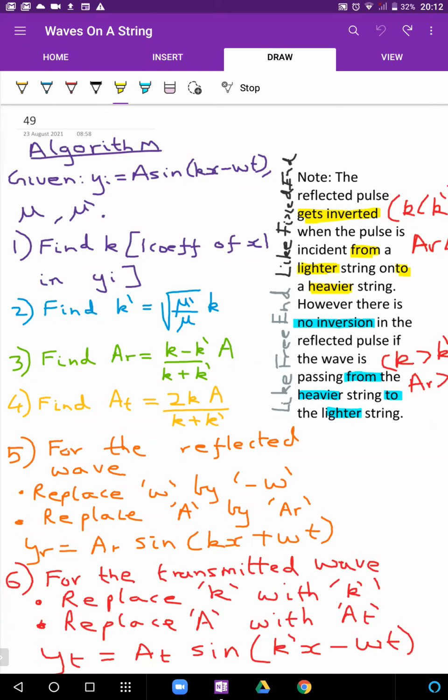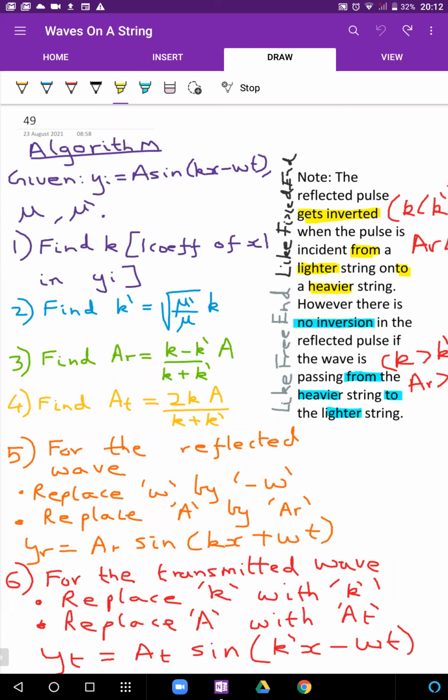It doesn't matter which term is negative, positive. Just change the sign of whatever's in front of omega. उसके बाद वो एक चेंज है. दूसरा चेंज है ऑफ कोर्स AR निकाला है ना, यूज करने के लिए ही निकाला है, तो replace A with AR. So this is how your reflected wave equation looks. ओमेगा का साइन चेंज किया, A के जगह AR.